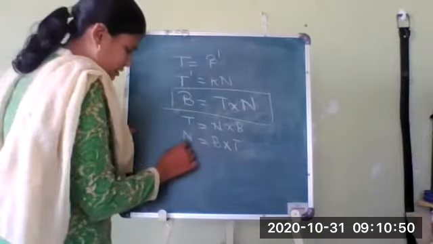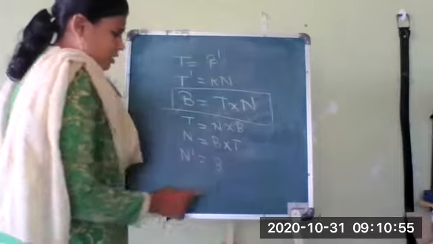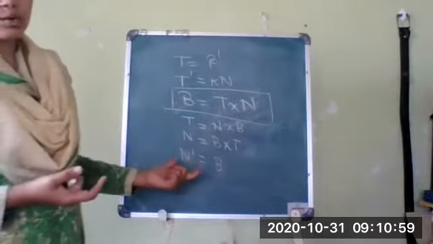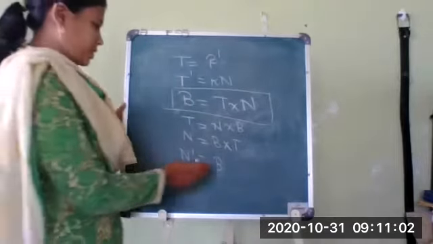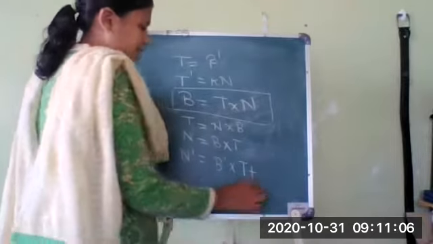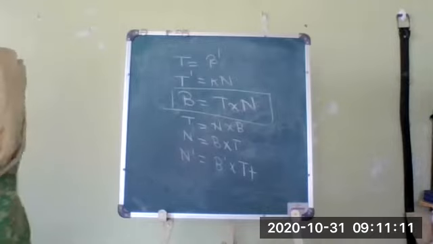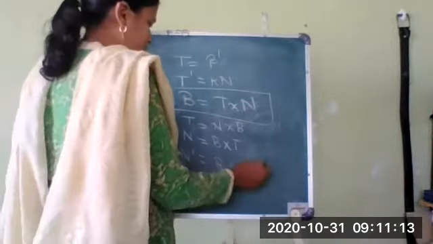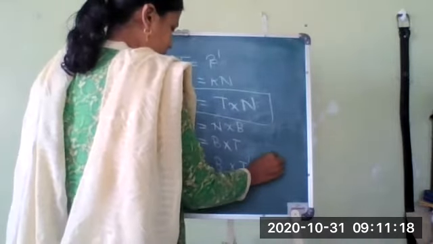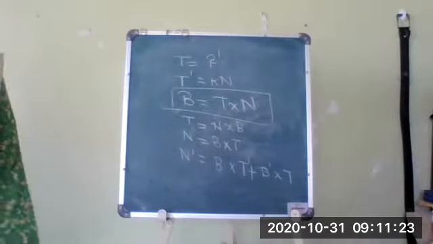So after differentiating N is equal to B cross T with respect to arc length, N' is equal to. As it is a cross product, we have to be very careful that it does not obey the commutative property. So we can write B' cross T as it is, plus B as it is cross the derivative of T. Correct?